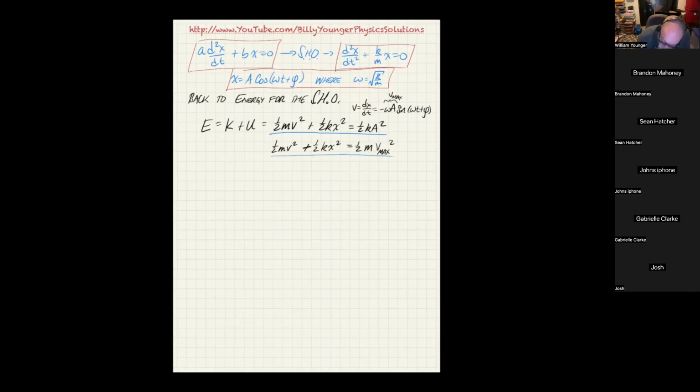Now, what I want you to realize is both of these allow you to get rid of the 1/2, and you can then solve for, for instance, velocity. So velocity is equal to plus or minus the square root. I'm going to take that top equation, the very first E equals K plus U equals 1/2 mv squared, and solve it for v.